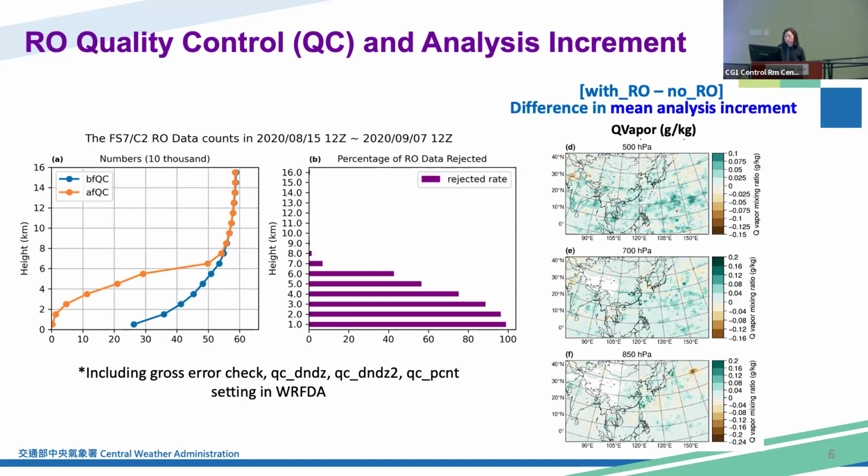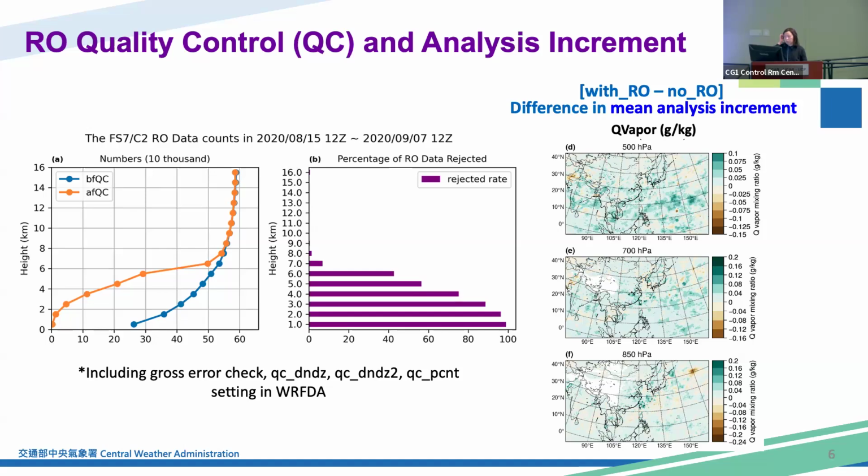First, we take a look at our data QC result. We noticed that much data could not be kept during the QC process. However, this COSMIC-2 data can still have some effect, especially in our system between the mid-levels and near surface. For example, from the mean analysis increment, you can see some positive increment in our system. So COSMIC-2 data does make some effect on our system.